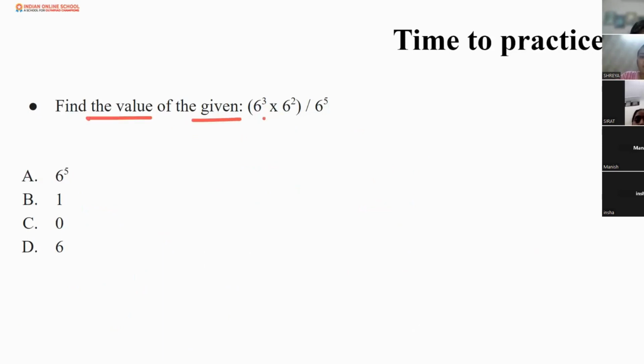Sure? Okay. So here is one sum. Find the value of the given. See, the first one, 6 raised to 3 multiplied by 6 raised to 2 divided by 6 raised to 5. First, you use the law where you have same base but different exponent. So it would become 6 raised to 3 plus 2. You add, right? That makes it 6 raised to 5. 6 raised to 5 divided by 6 raised to 5.